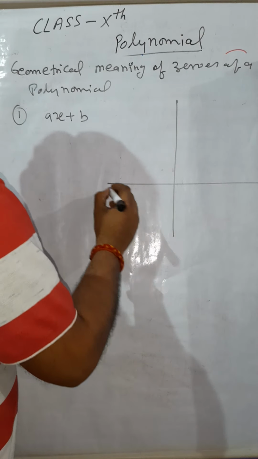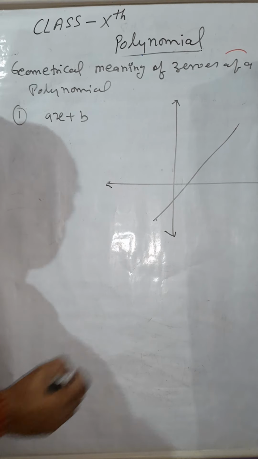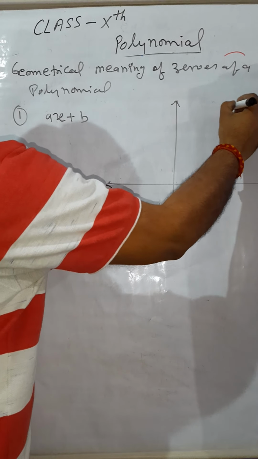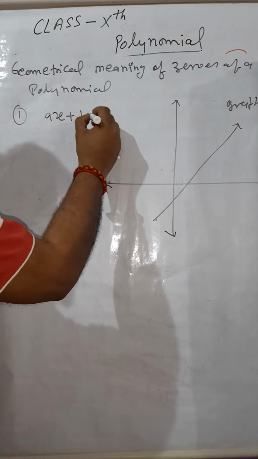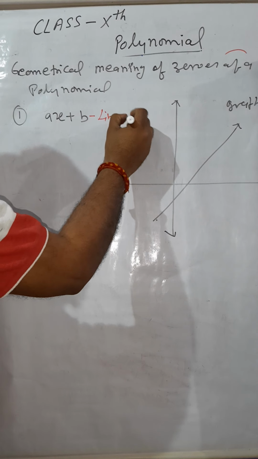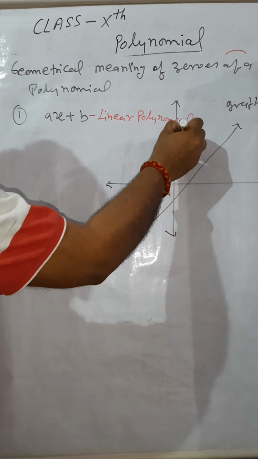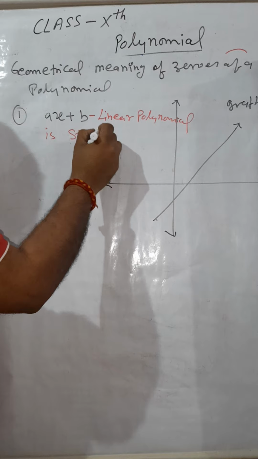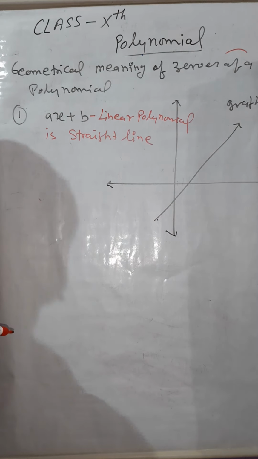This is the x-axis, and this is the graph. So the graph of a linear polynomial is a straight line.